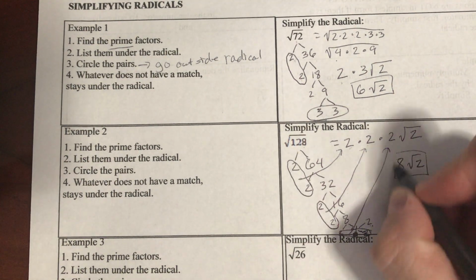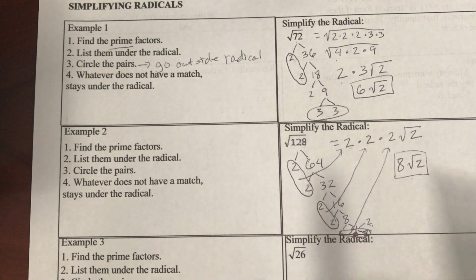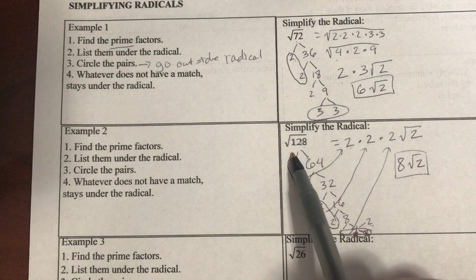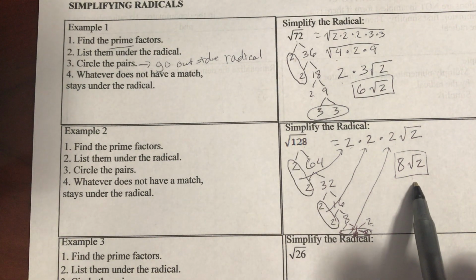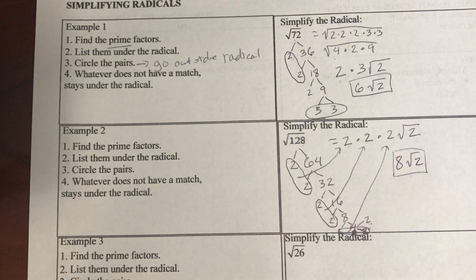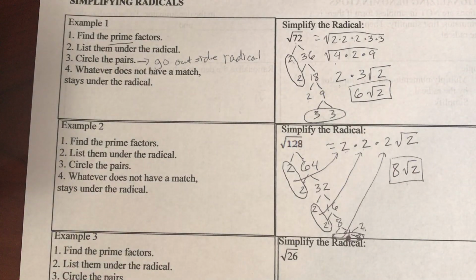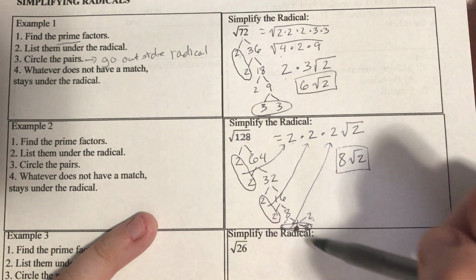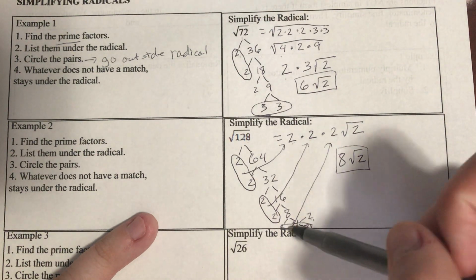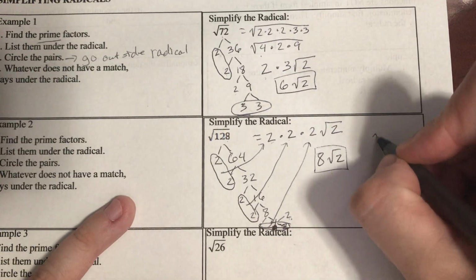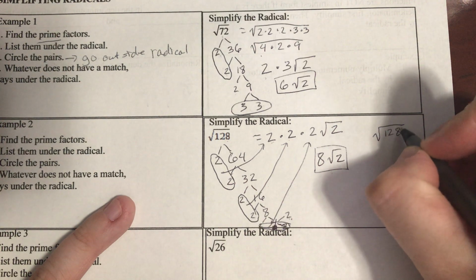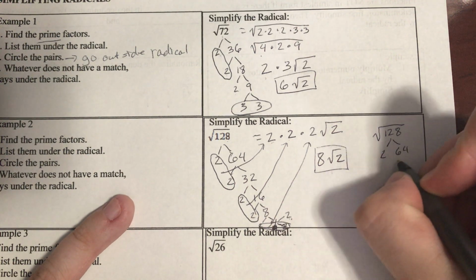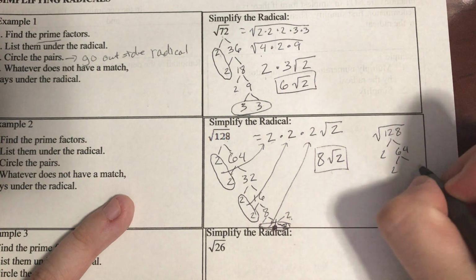Okay, so these should be the same thing. If you want to double check, put the square root of 128 in your calculator as well as 8 square root of 2 and see if you get the same thing. That would be a good way to check us. I'm going to write this work out again because I feel bad about this last part, just so it's a little easier for you to see what we did towards the end.